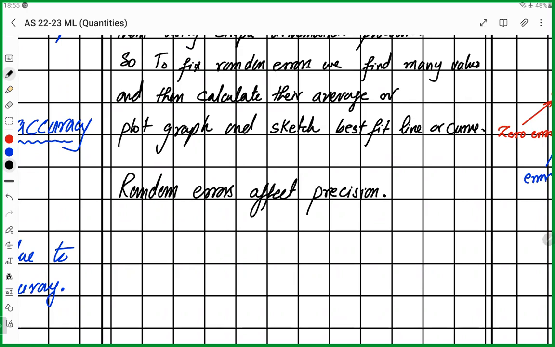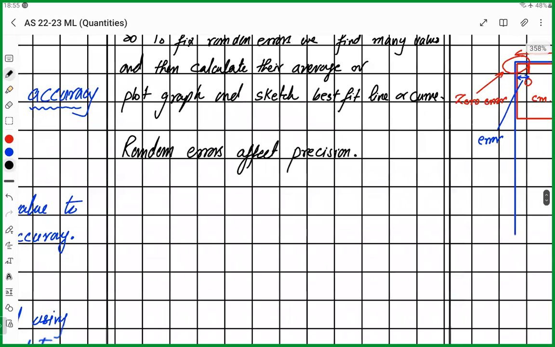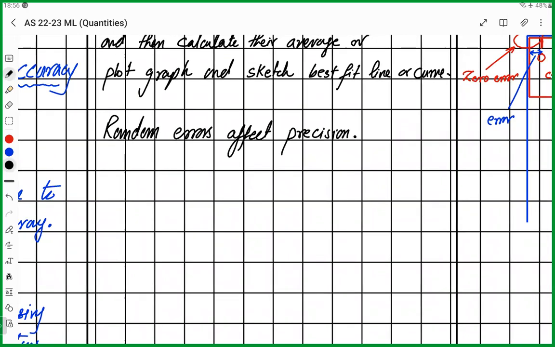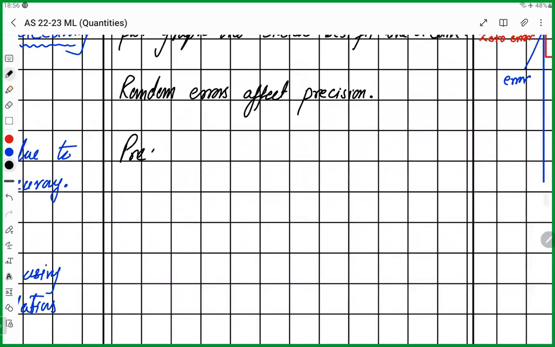In general understanding, precision and accuracy can go for one another, but in physics, precision is something else and accuracy is something else. Now, what is precision?